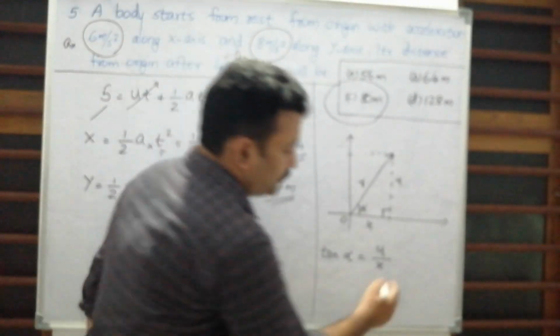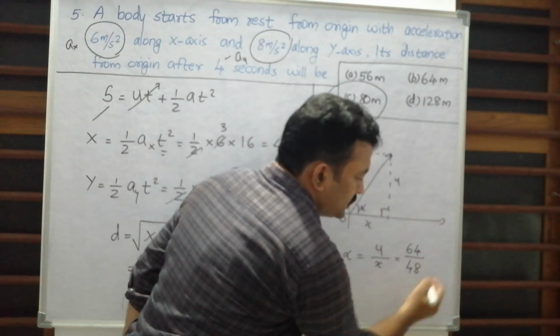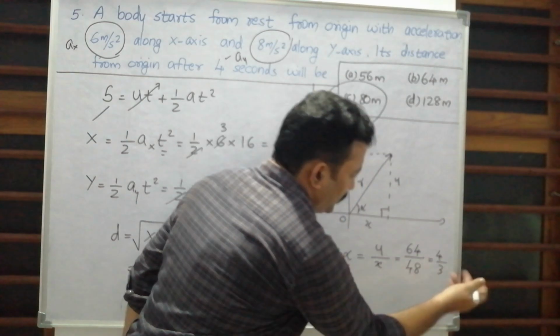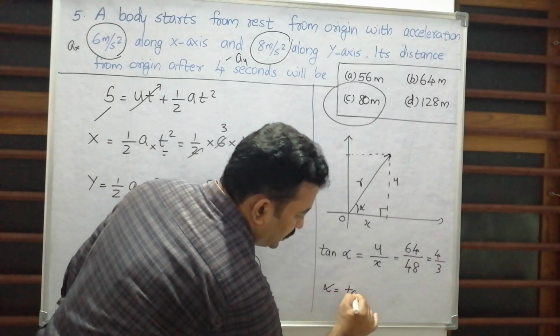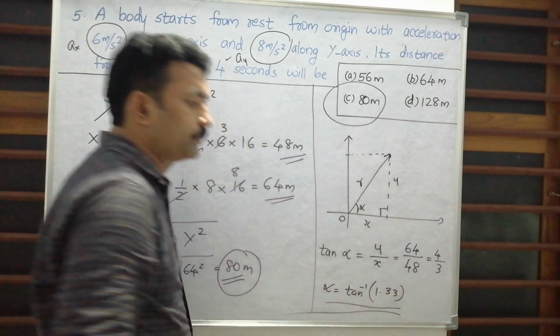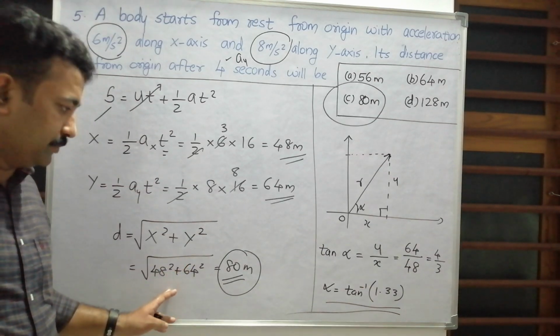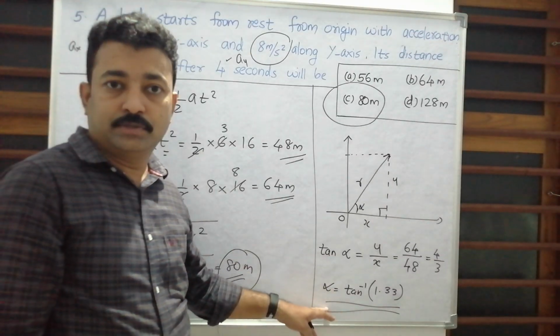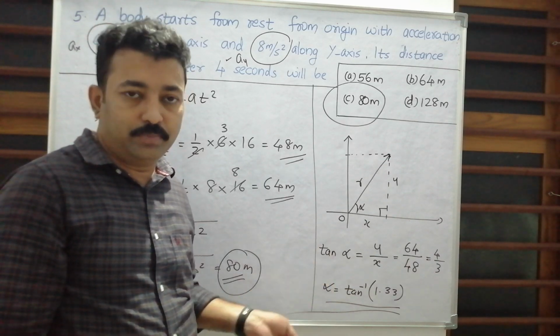Y by x, you can put it as 64 divided by 48, say 4 by 3, 1.333. So we can put alpha is equal to tan inverse of 1.33. So I just extended the problem from merely the magnitude to the direction. You can see the magnitude as well as direction if it is a 2D problem.